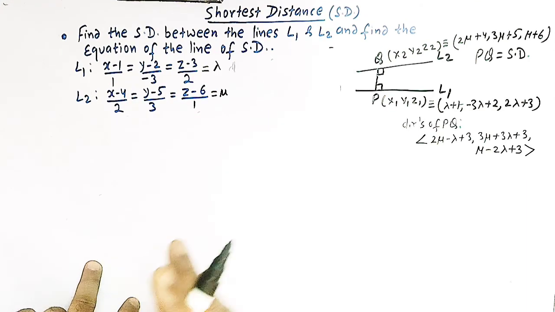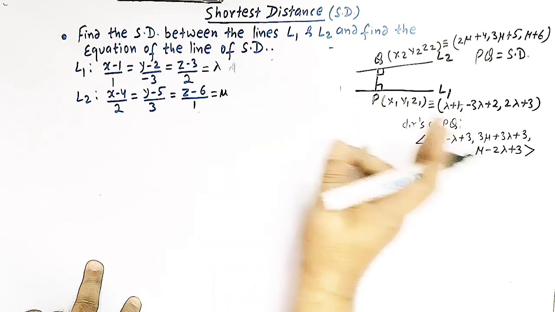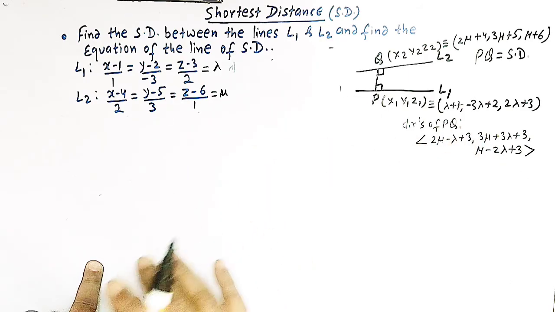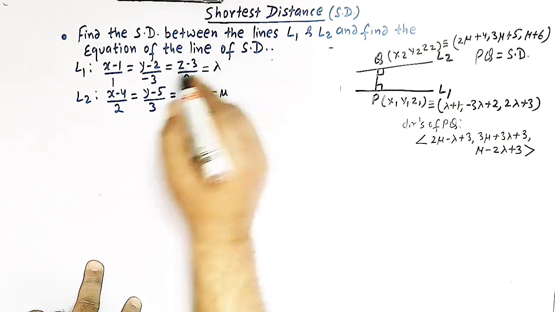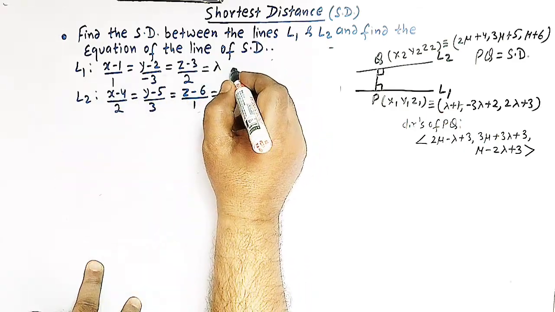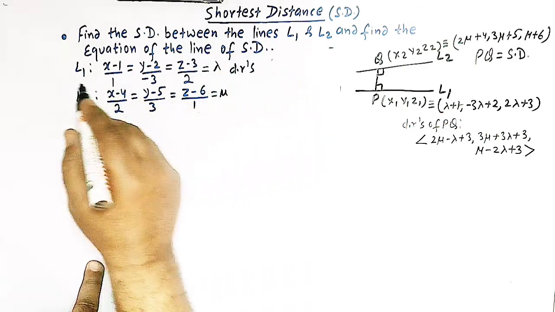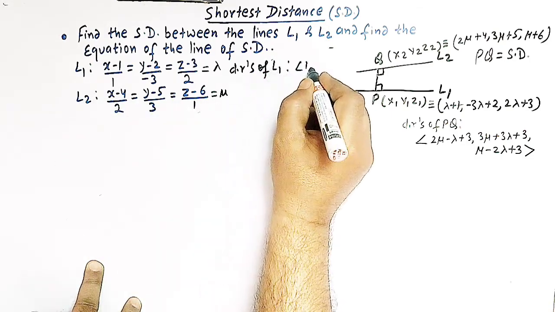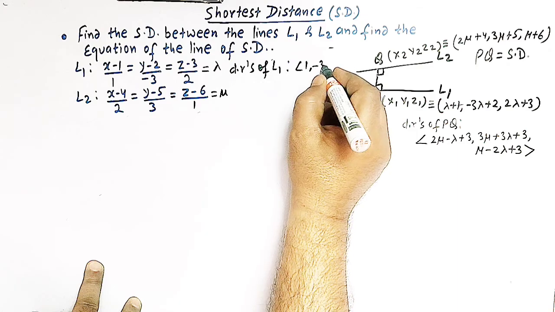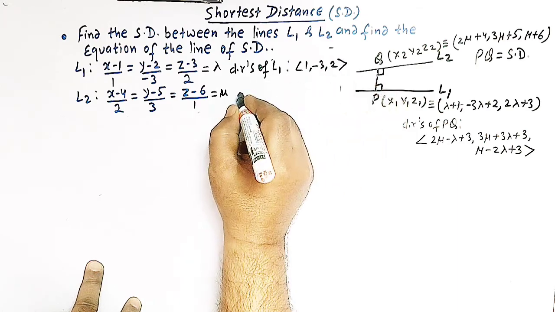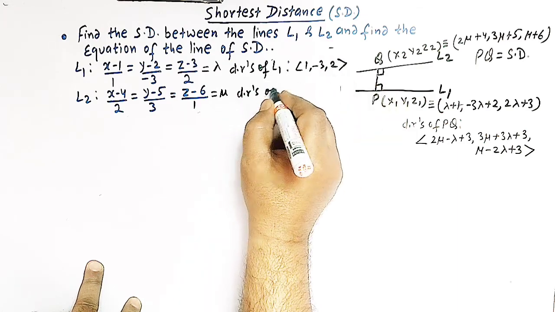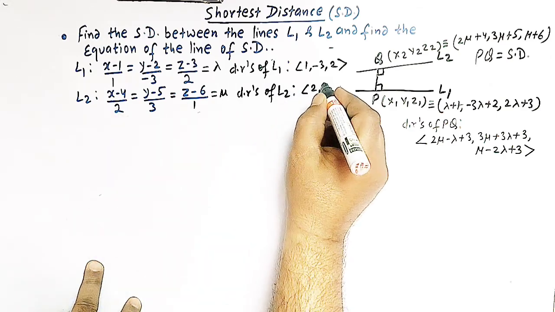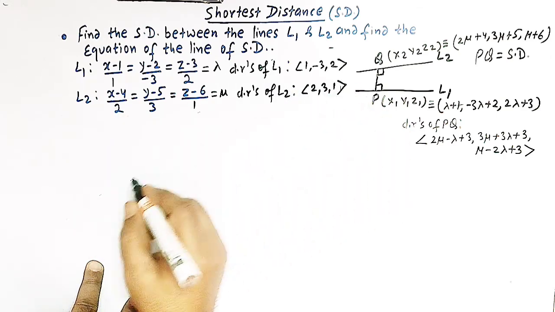So now the next step is to use the condition for perpendicularity of two lines. So here we have the direction ratios of line L1 given by 1, minus 3 and 2, and the direction ratios of the line L2 given by 2, 3 and 1, right?